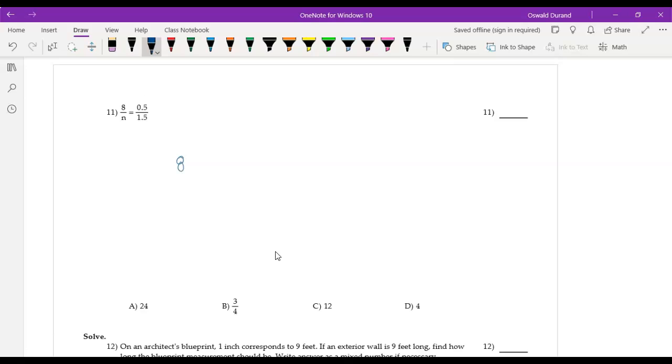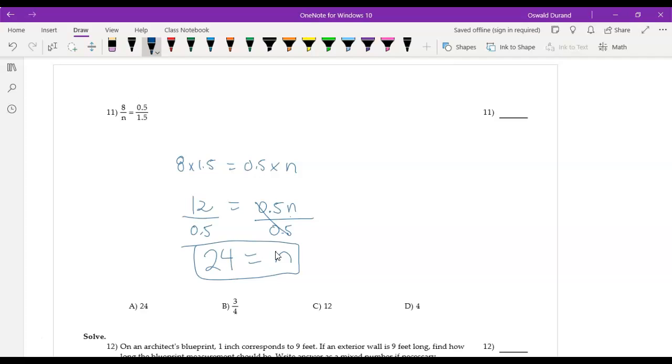So it's going to be 8 times 1.5 equal to 0.5 times N, right? 8 times 1.5 is equal to 12, equal to 0.5 N. Okay, we solve for N, so it's 0.5 times N. We need to divide by 0.5 on both sides. 0.5 by 0.5 is 1, 1N is just N, and 12 divided by 0.5 is 24. So 24 is equal to N.